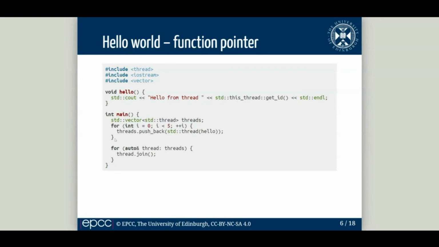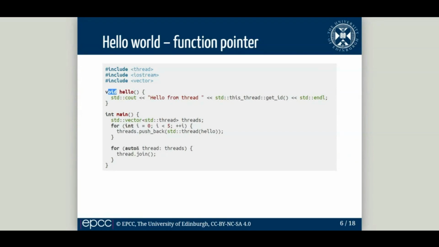Depending on that number, you can execute 5, 6, 10. And you see that here push_back is adding the thread to the vector. And when you create the thread, you pass as an argument the name of the function, that is hello.